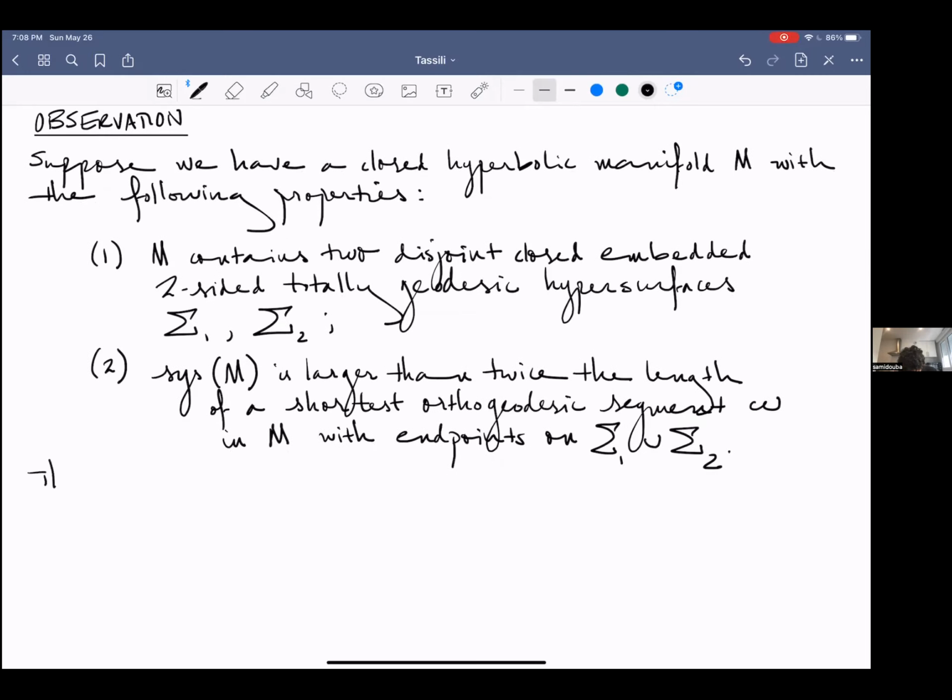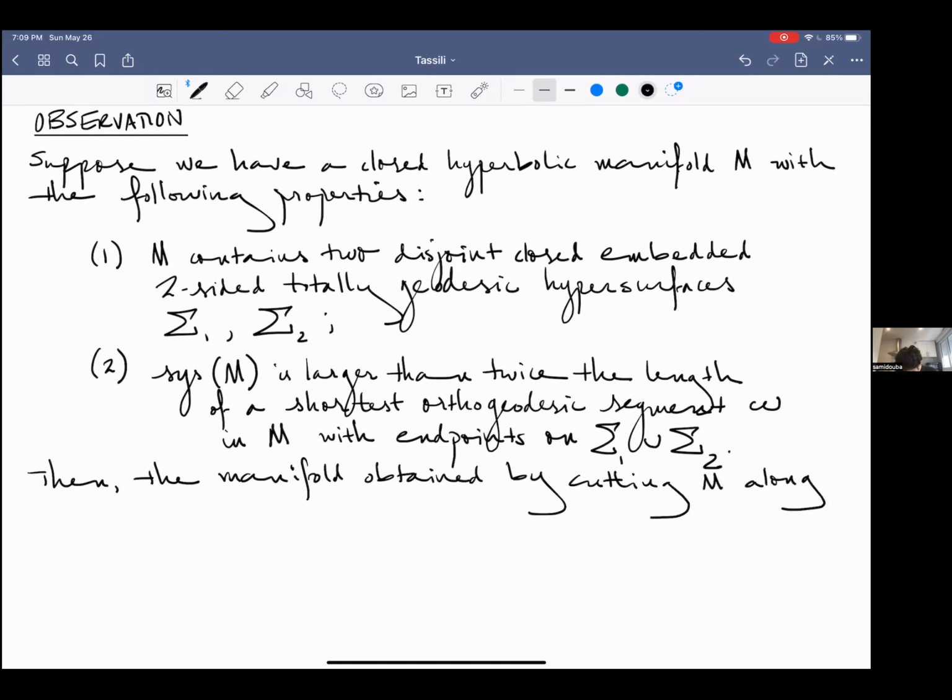Then the manifold obtained by cutting M along sigma 1 and sigma 2, and then doubling along the boundary.